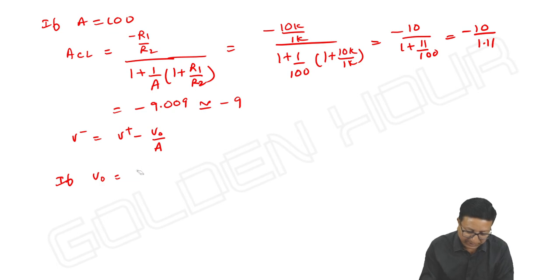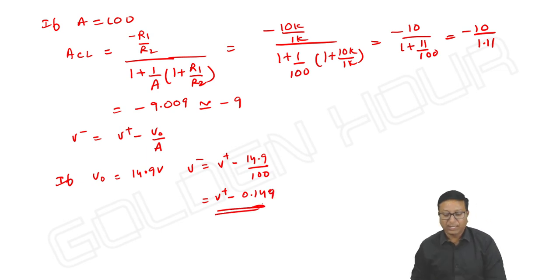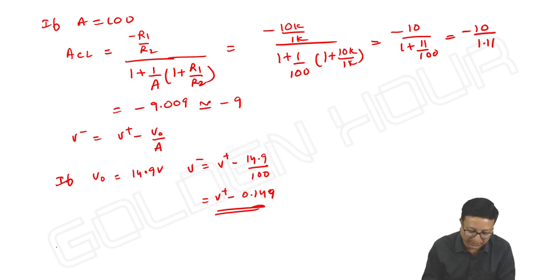I cannot take exactly 15, I can take around 14.9 volts, less than V saturation, and V minus is equal to V plus minus 14.9 by 100, which is V plus minus 0.149. So I cannot take V minus as approaching V plus. There is a difference.